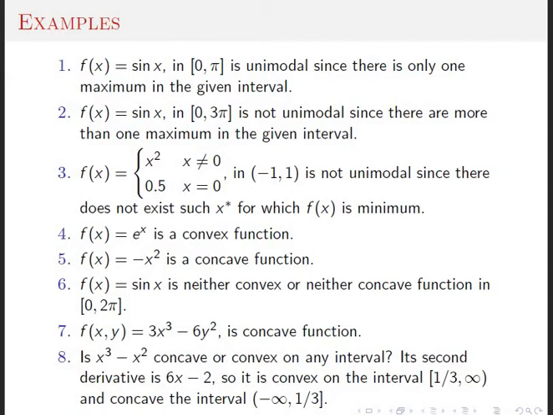From here, we can conclude that this property depends not only on the function but also on the interval. The exponential function is a convex function in every domain, but it is not unimodal. Minus x square is a concave function everywhere, but unimodal in those intervals which contain 0.